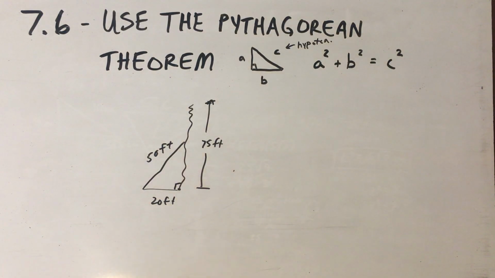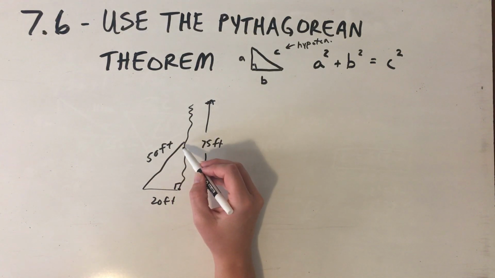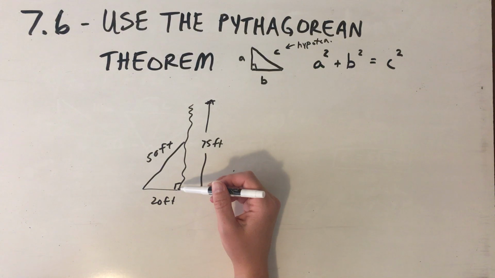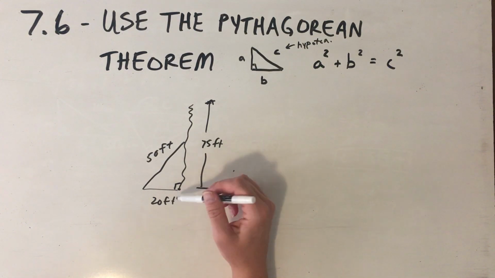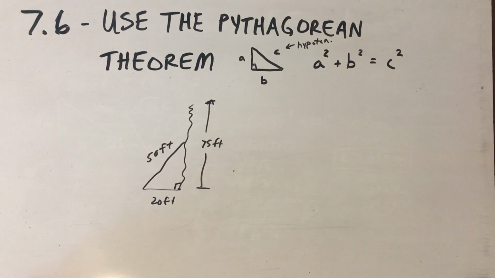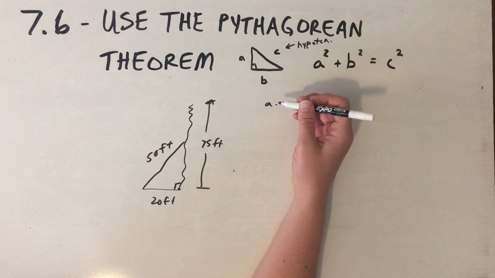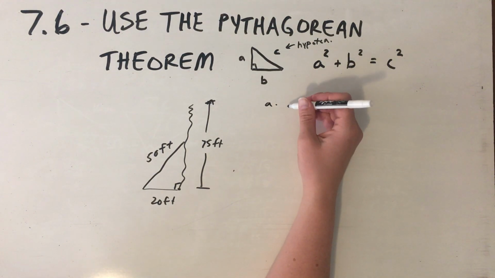Again, real quick, I'll read the problem one more time. A 50-foot supporting wire is being attached to a 75-foot antenna. Because of surrounding buildings and sidewalks and roadways, the wire must be anchored 20 feet from the base. So the question here is two parts. The first one is, how high from the base is the antenna?